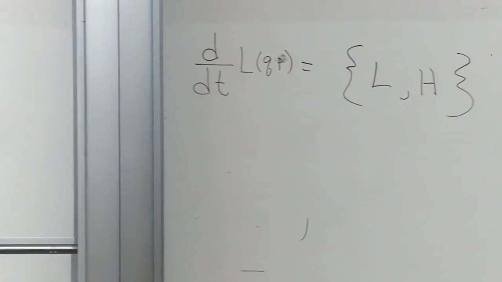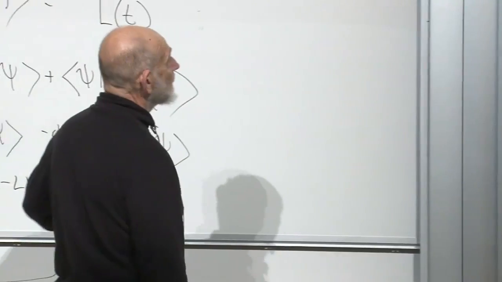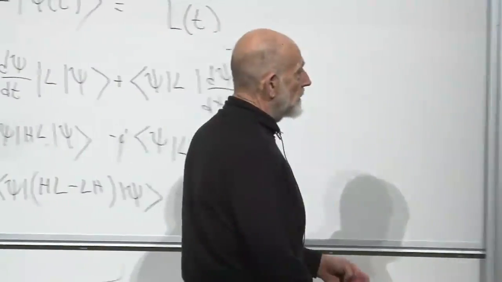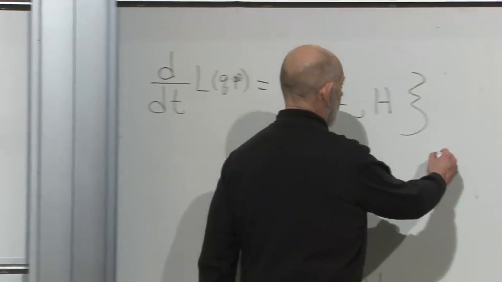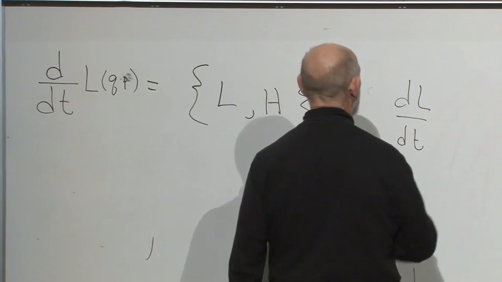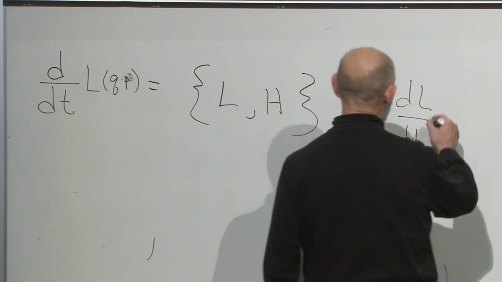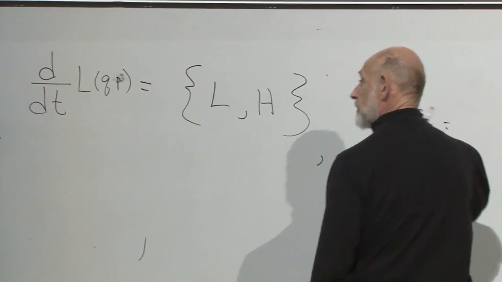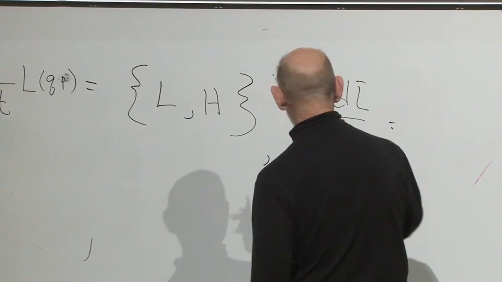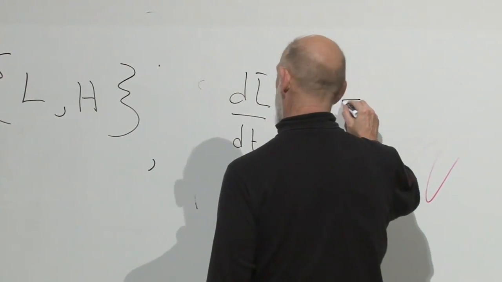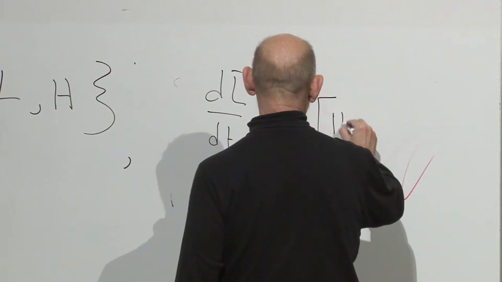I just wanted to remind you of it, and I want you to notice the similarity of this with dL by dt, the average value, which is plus I times the commutator of H with L.